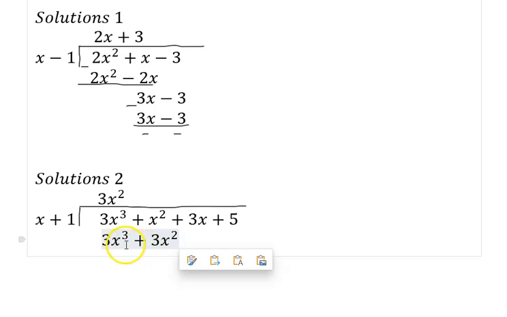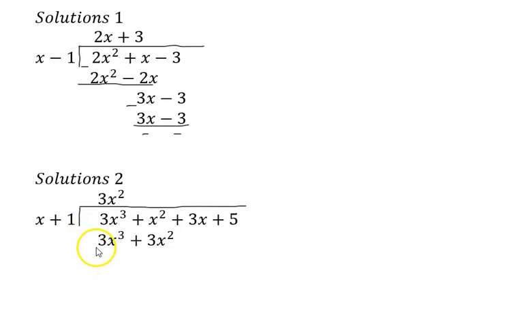Beautiful. To give you plus 3x squared. Awesome. So the next thing is for you to subtract this from this. So we have our line. Beautiful.